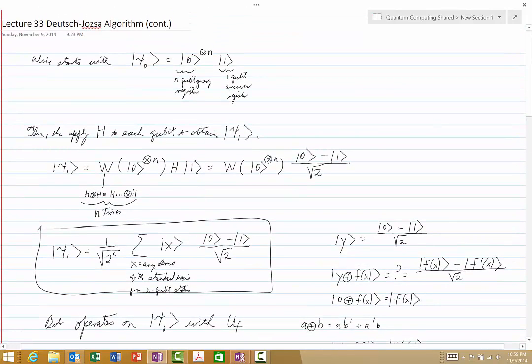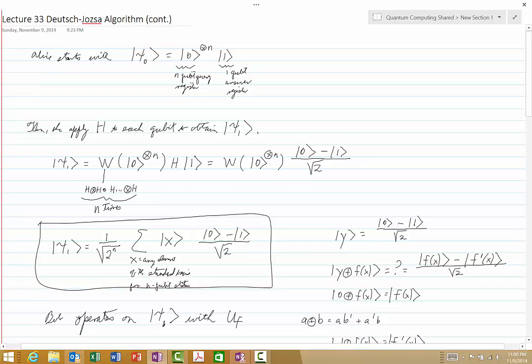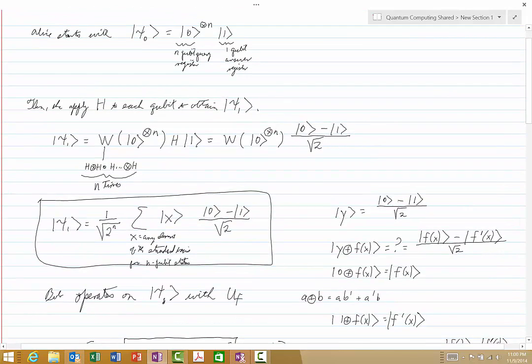Okay, we started out with n zeros. And so we know that this is one of the elements. In fact, this is the very first element of the basis for n qubit states. And so this has a magnitude of 1. And then we operated on that with W. Well, when we operate on that, W is a unitary transformation.